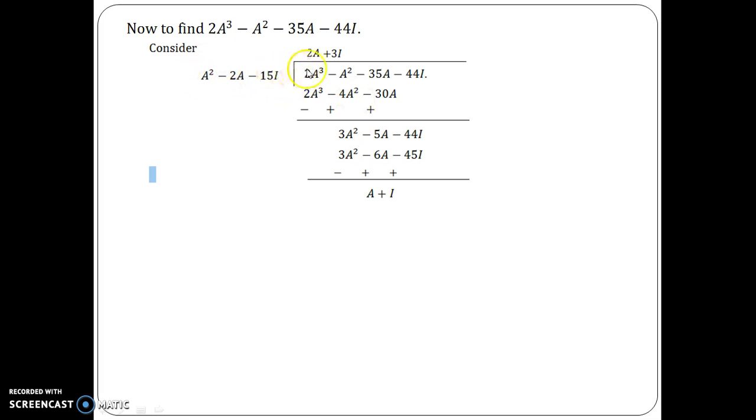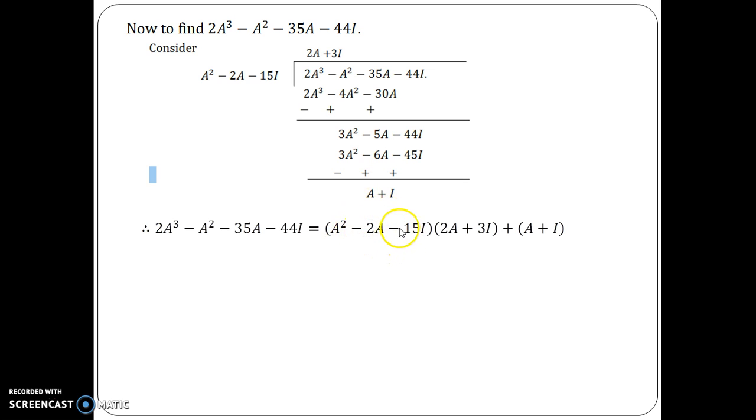Now you divide this expression 2A cube minus A square minus 35A minus 44I by the characteristic polynomial, and when you perform the division, you will obtain this format: dividend equals divisor times the quotient plus the remainder. But now by Cayley-Hamilton theorem, you already know that this expression A square minus 2A minus 15I is nothing but a 0 matrix.